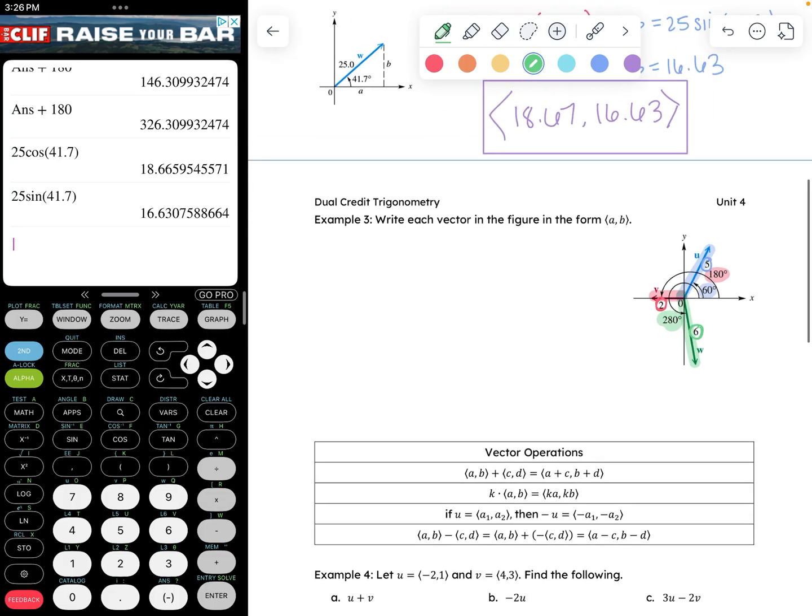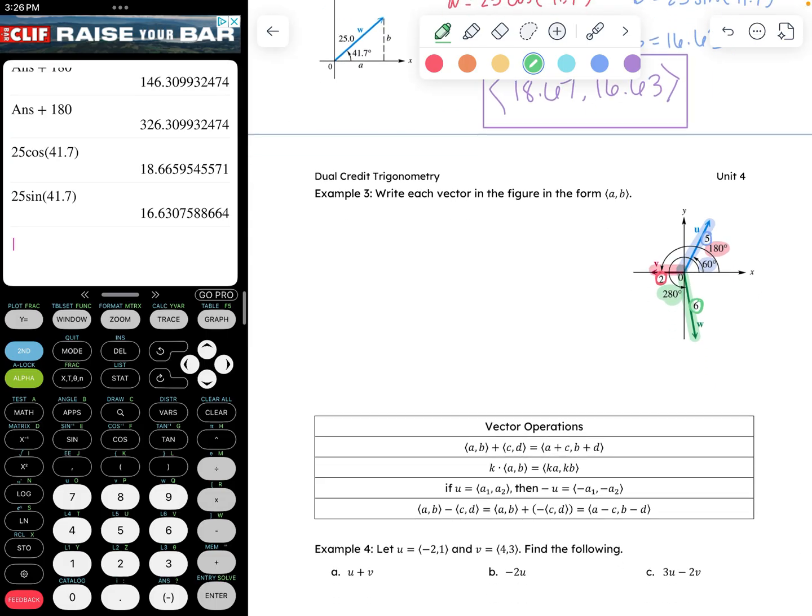So let's start with u. I'm going to start with my horizontal component. So A is going to equal my magnitude, so 5 times the cosine of my angle, 60 degrees. The cosine of 60 degrees is on my unit circle, so I'm going to use that exact value from my unit circle.